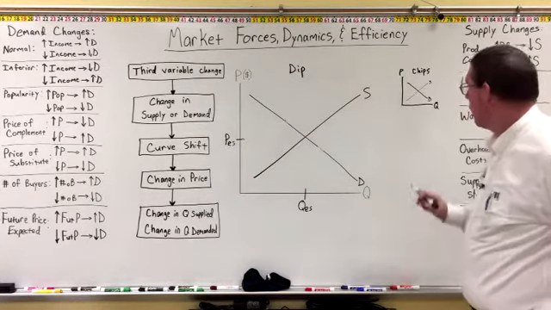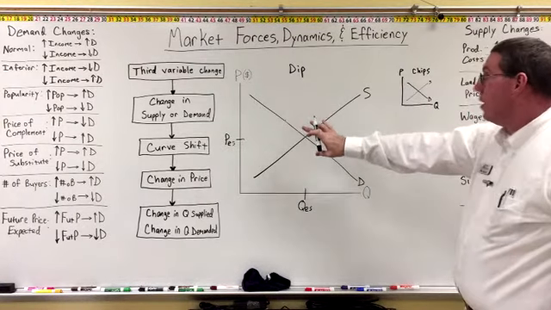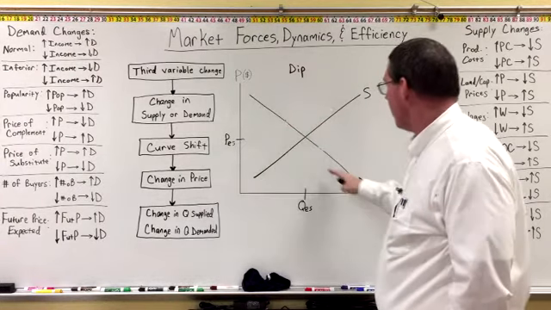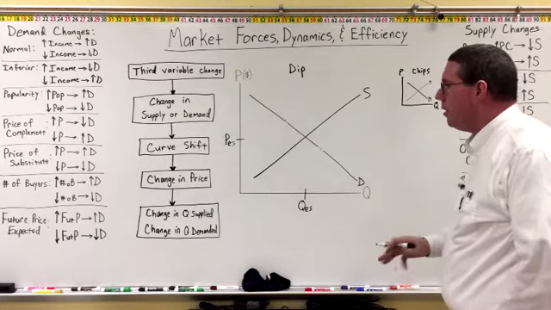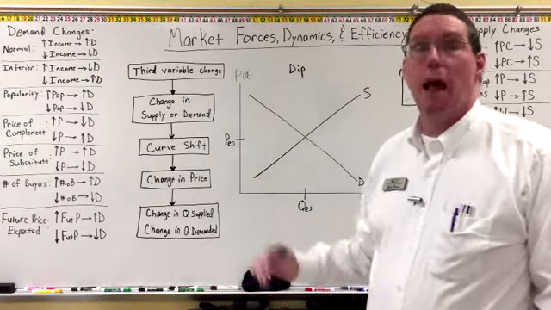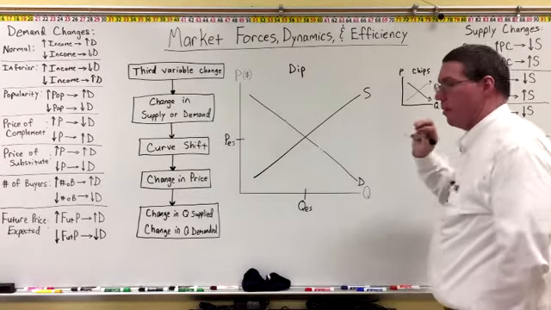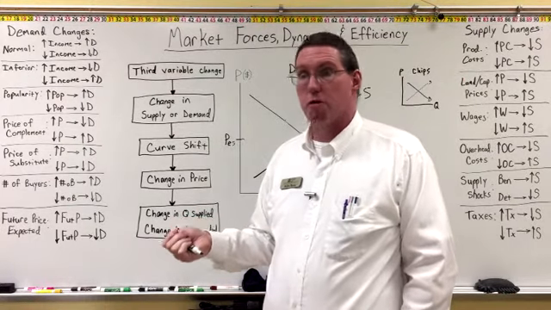Now, try to follow along here. The dip market is fine. They're happy. They've got their supply, they've got their demand, everything's fine. But over here in the chip market, let's say that something happens to, let's say, the supply of chips. Let's say that the price of corn goes up, or the price of wheat goes up, or the price of preservatives goes up.